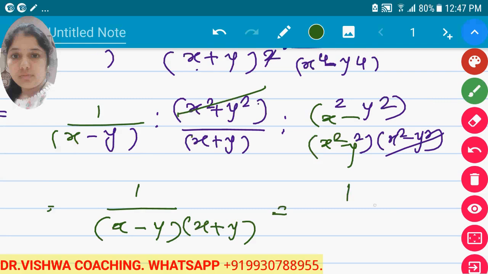So it gives us the answer as x square minus y square, because compounded ratio means multiplication of all the three ratios, and we have to find the value of the final product. So this whole thing will get cancelled here, and only x square minus y square remains at the consequent place and 1 at the antecedent place.